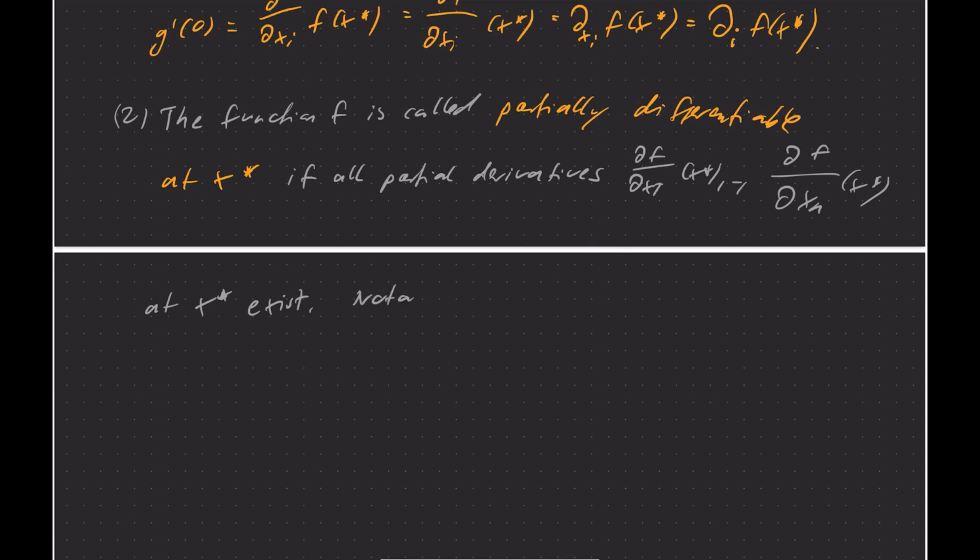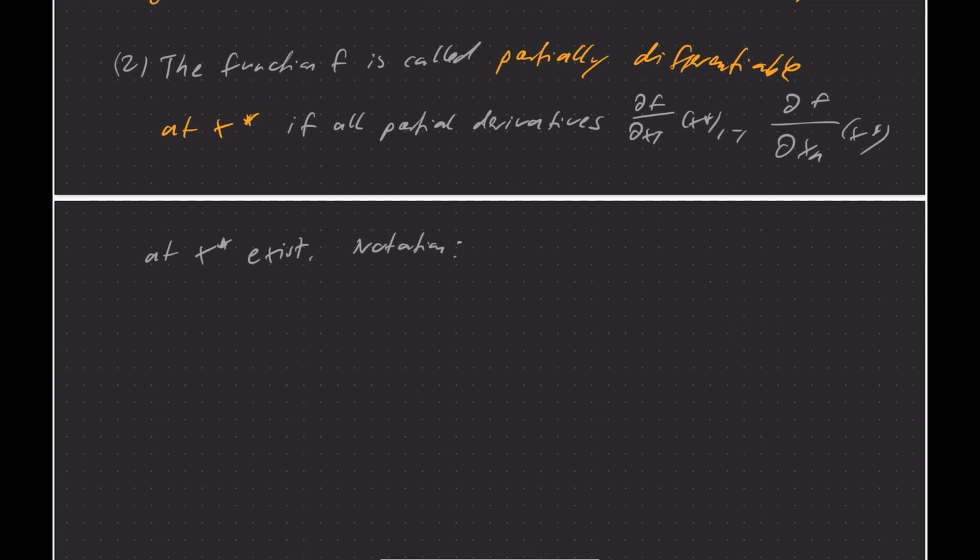Again, we have a notation for that. If these partial derivatives all exist, then we just collect them in one large vector, and we call that vector the gradient of f. And the notation for that is either gradient of f at x star, or this symbol here, a delta that is tilted upside down. That's called a nabla operator. So nabla f of x star.